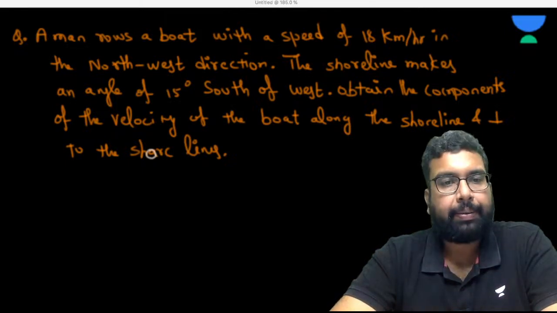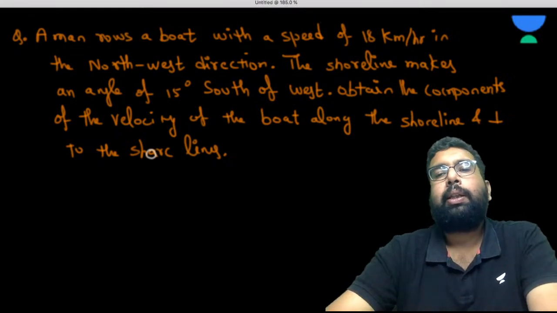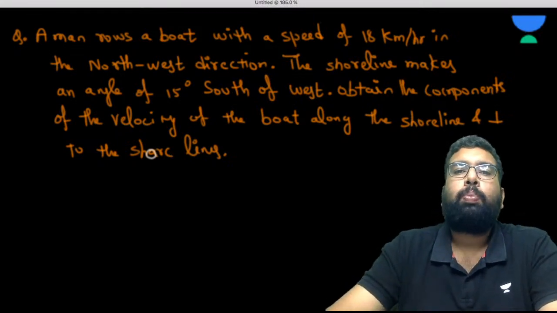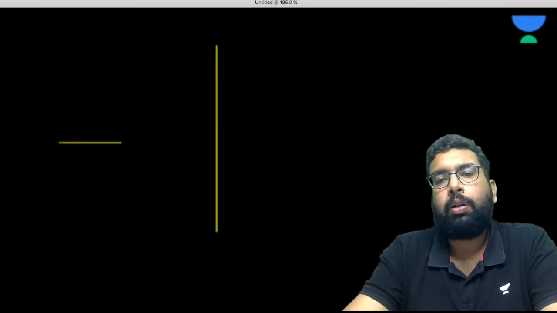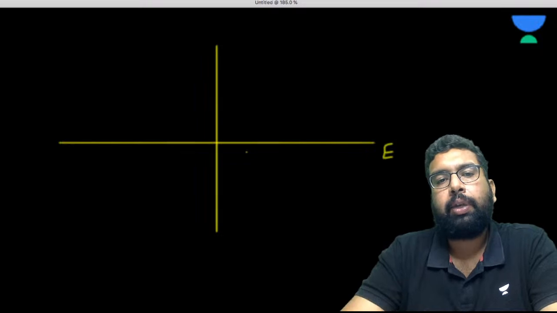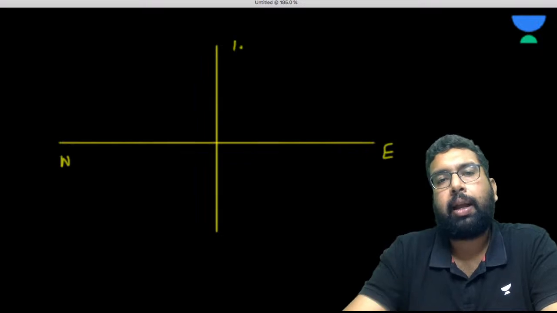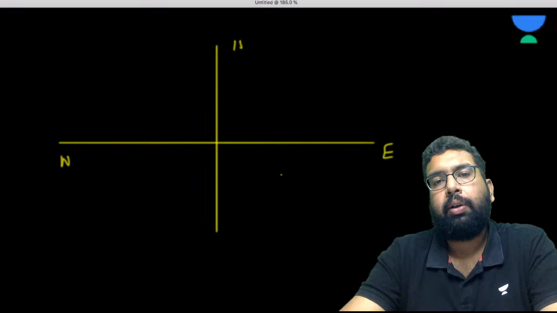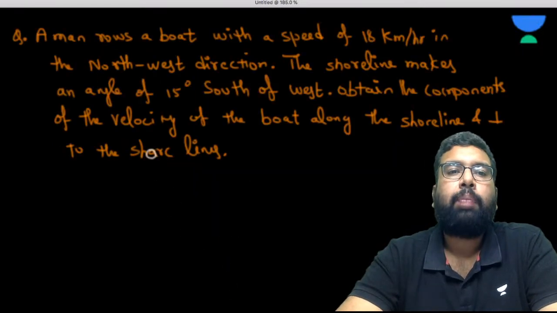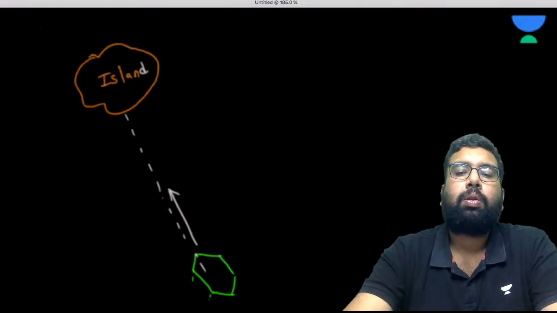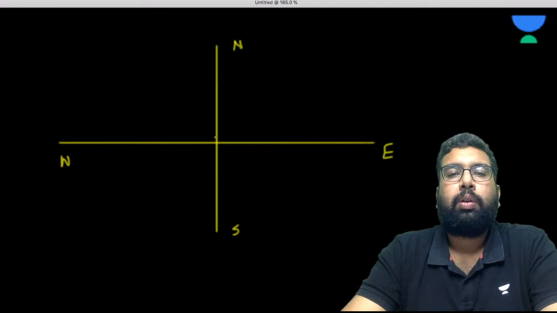Okay, let's see it. I'll do it. So it says a man rows a boat with a speed of 18 km/h. So this is our north, east, west, and south. Now the man rows a boat with a speed of 18 km/h in northwest direction. So what is the northwest direction?